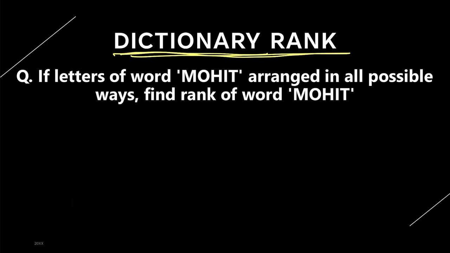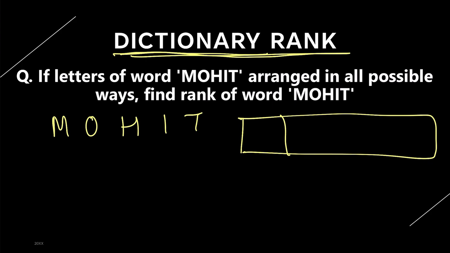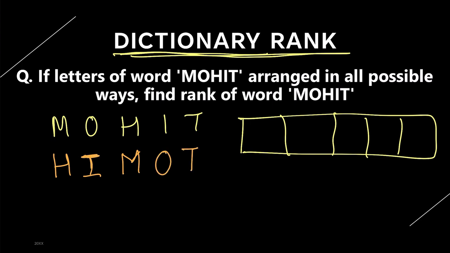So here dictionary rank means, suppose I have the letters of MOHIT and I have to make a 5-letter word. If I arrange them in ascending order, first is H, then I, then M, N, O, T. So this is how the letters are alphabetically ordered. Himot will be the first word.